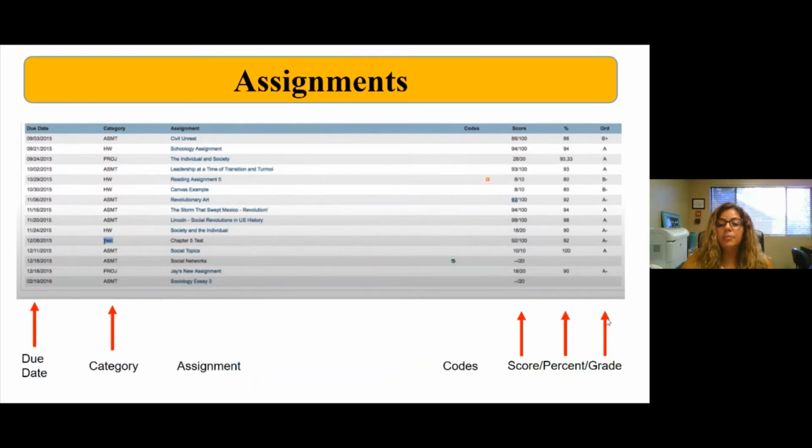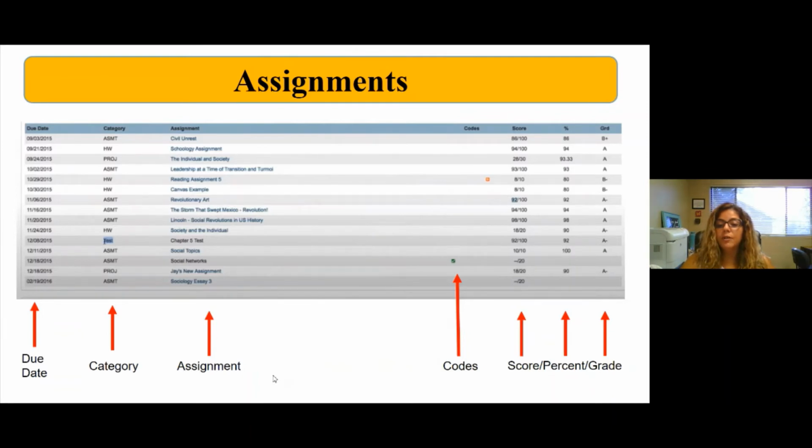If you see a PROJ, that means it was a project. If you see an ASSMT, that was an assessment. In the assignment column, you will notice that it has the title of the assignment. And over on the right-hand side, you might see some little colored icons.